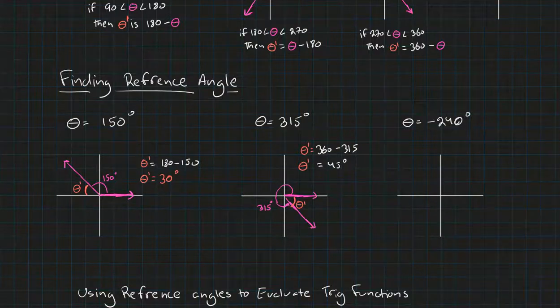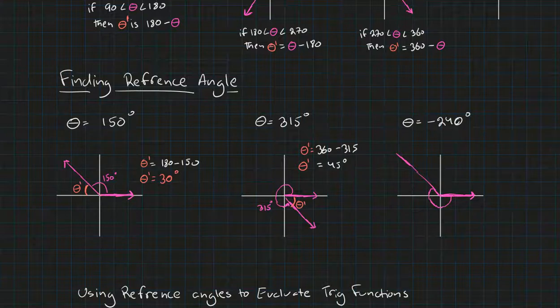So what about a negative angle? If I have a negative angle, I'm still starting on the positive x-axis. Always start there. If the angle is positive, you go counterclockwise. If it's negative, it opens clockwise. So this is going to go somewhere over here. This is 90, 180, and it has to be less than 270, so it's sitting in the second quadrant.